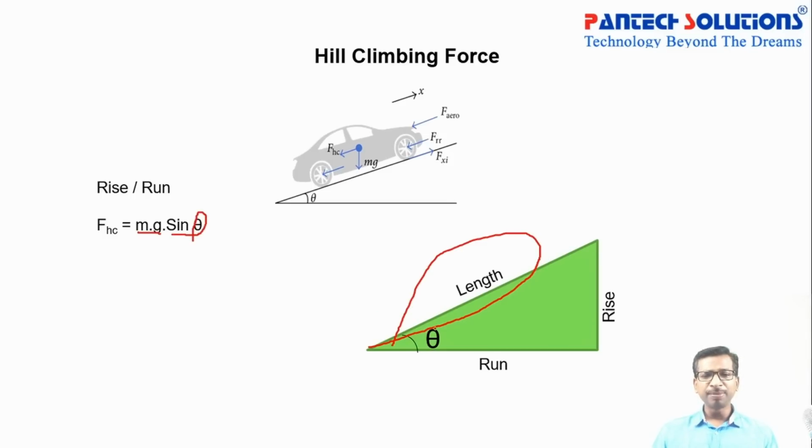Theta is nothing but the angle between the length, the rise and the run. Generally the maximum theta is about 45 degrees, so you can take a worst case scenario. At what is the maximum angle? Based on that value you can fix the data.